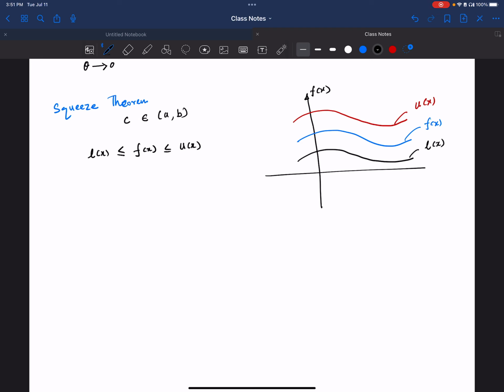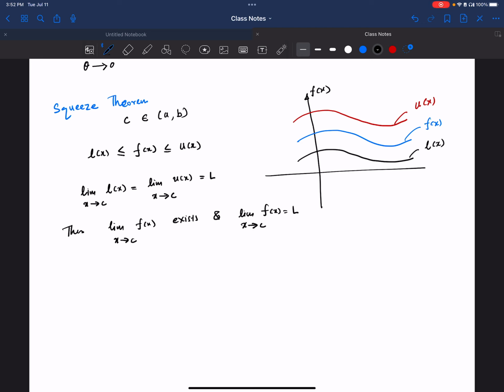C is in the open interval (a, b), and for x not equal to c, if the limit as x goes to c of L of x is equal to the limit as x goes to c of U of x, both the lower and upper function limits when x goes to c are L, then the limit as x goes to c of f of x exists, and the limit as x goes to c of f of x is equal to L.